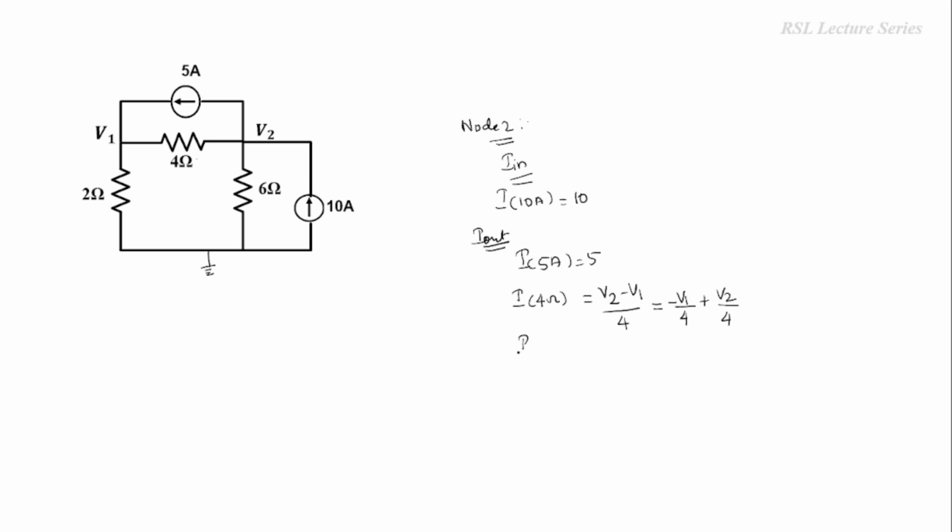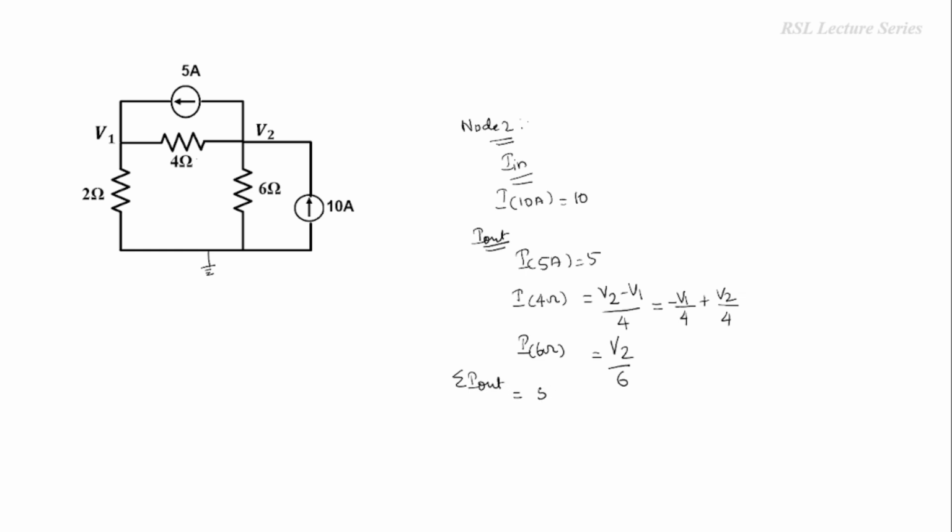So next, current flowing through 6 ohms resistor. So the 6 ohms resistor is connected in between node 2 and the reference node. So the voltage across the 6 ohms is V2 minus 0 or simply V2 divided by 6. So now we have to add all the outgoing currents.